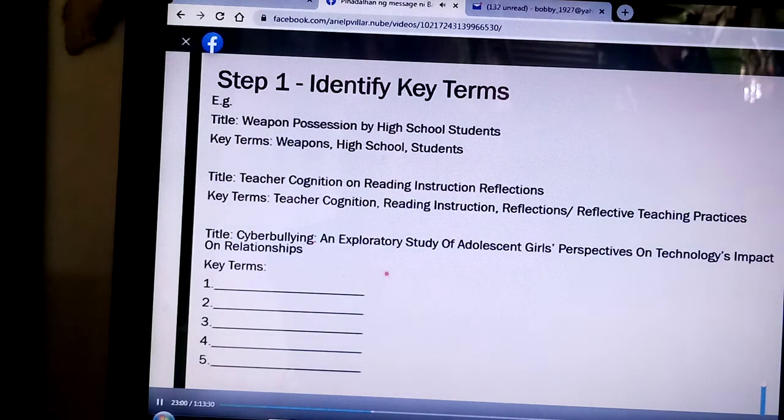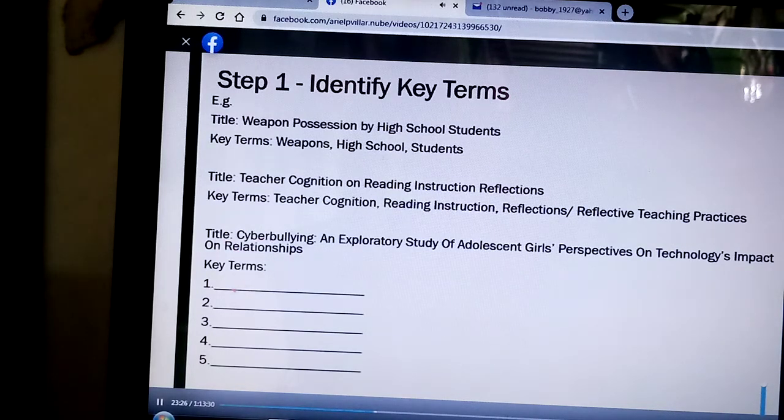Next is what? So, you're going to look for sources on what? The lives of adolescent girls. Okay, number 2. Then, we have perspectives for number 3. And then, we have number 4, technology. And then, of course, number 5, we are going to research on ideas on relationships.